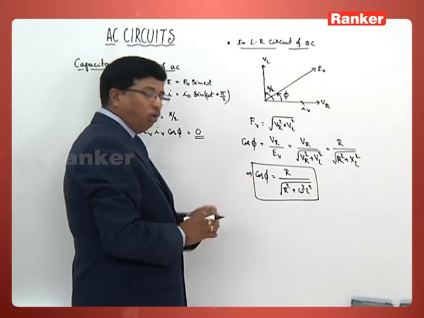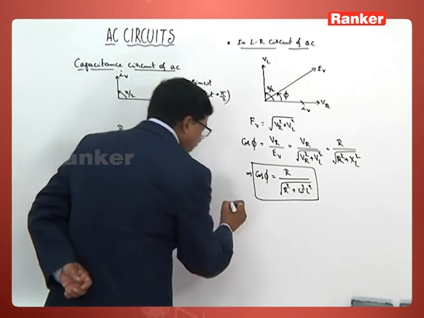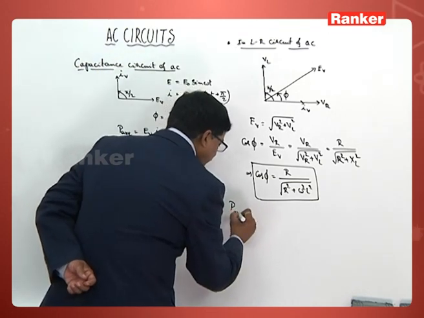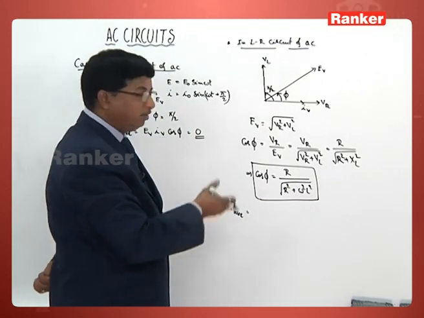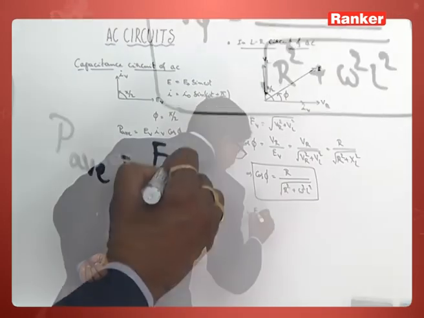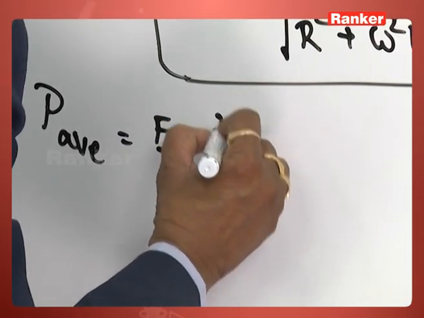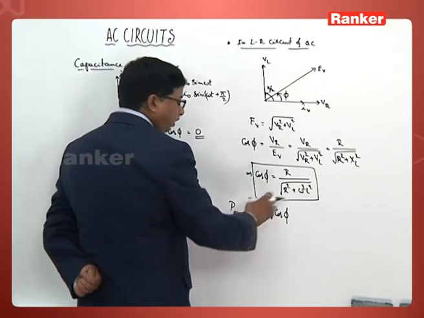The moment we know the power factor in this particular circuit, automatically one can write the average power that is existing in it. What is the average power of that circuit now? According to the equation, E virtual into I virtual into cos phi. What is cos phi?